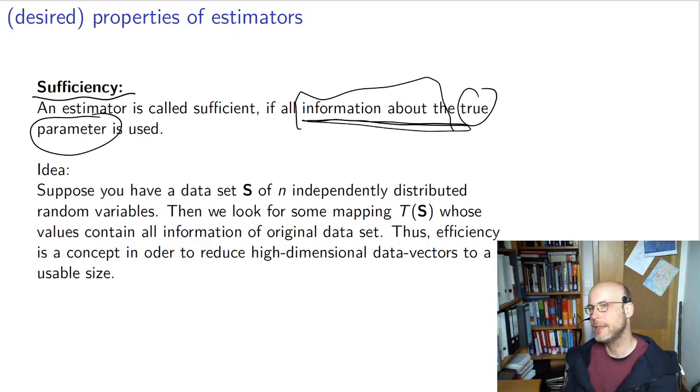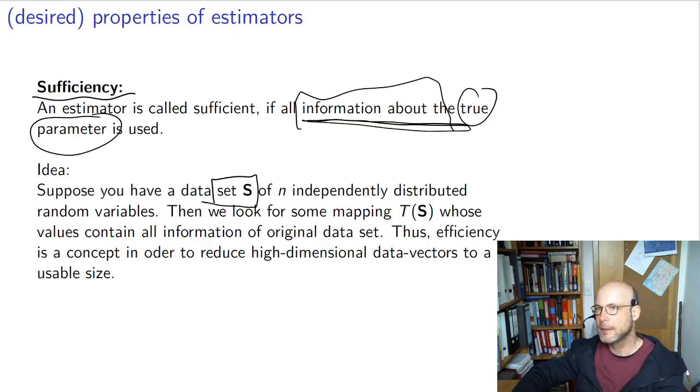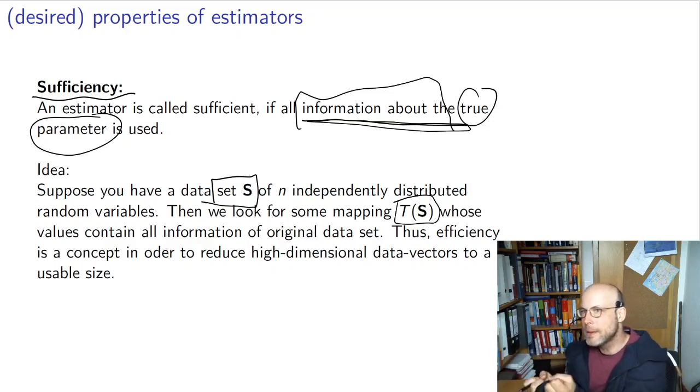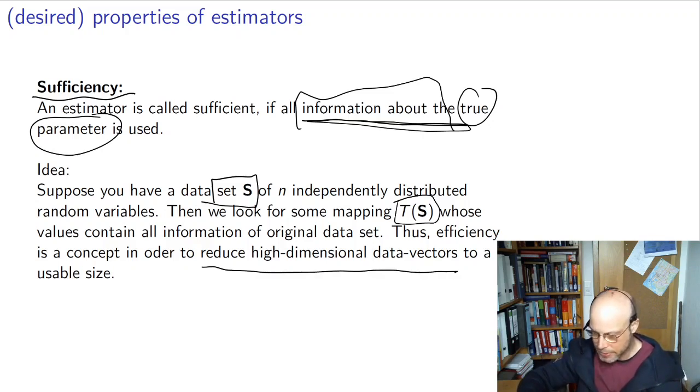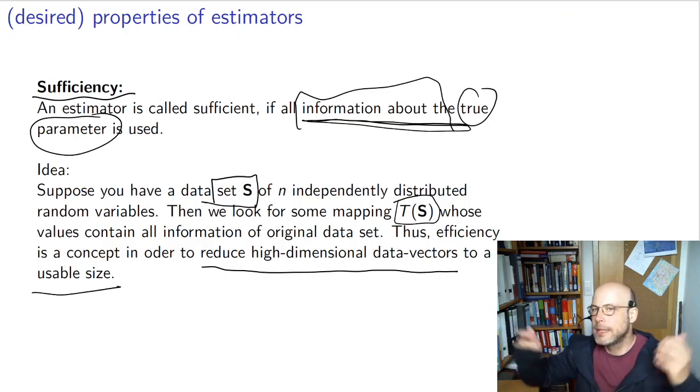If I find these estimators, this again is a property which I can call good, because then, if I have, for example, a large data set and my estimator is mapping this data set sufficiently, then this means, with some easy calculation, I didn't lose any information of the data I have created. And so I can really reduce high dimensional data vectors to a smaller, usable size.